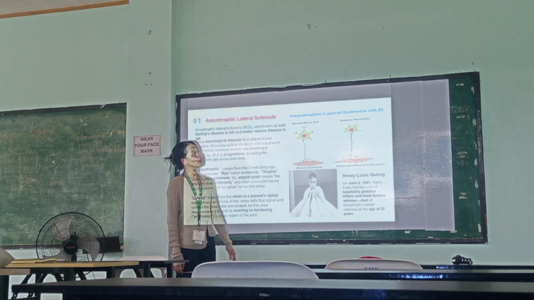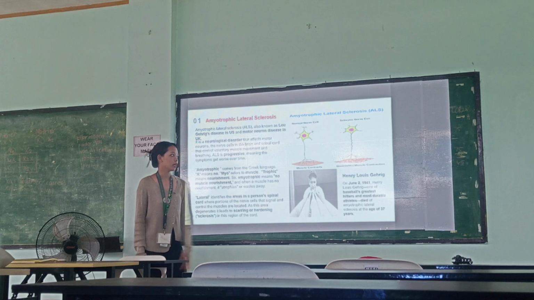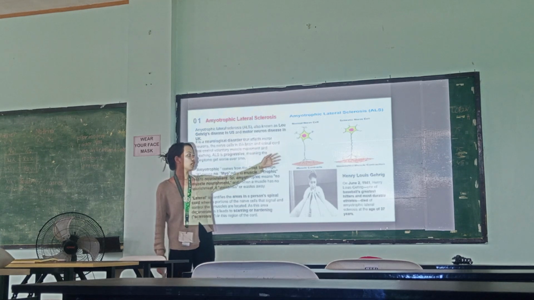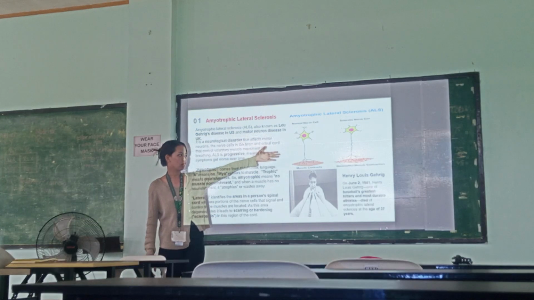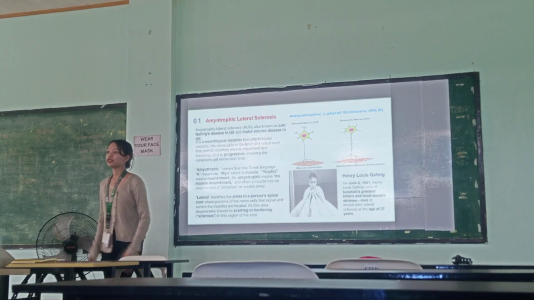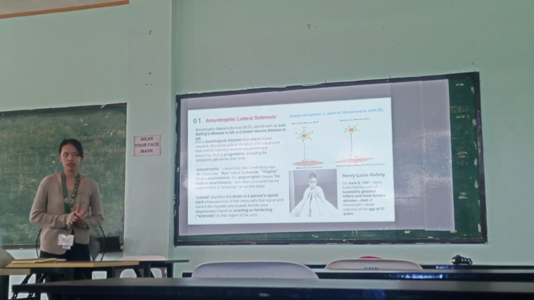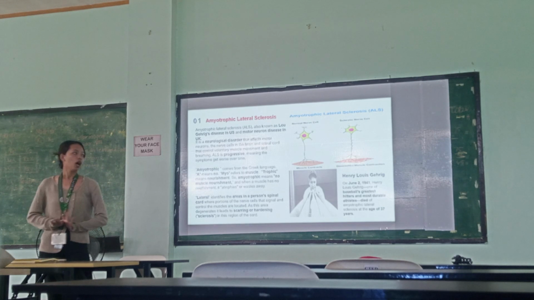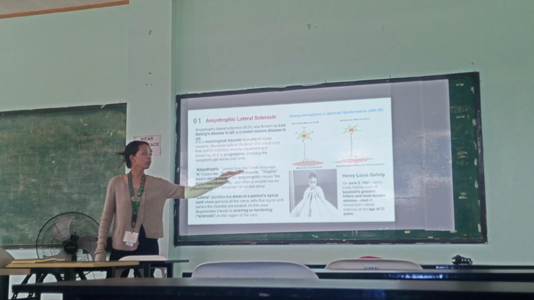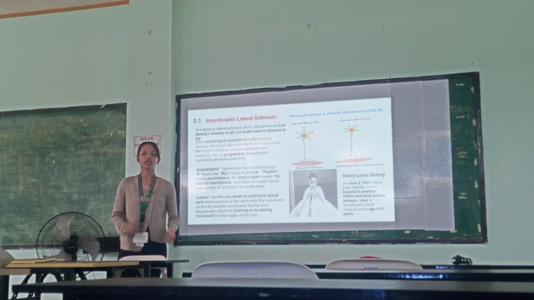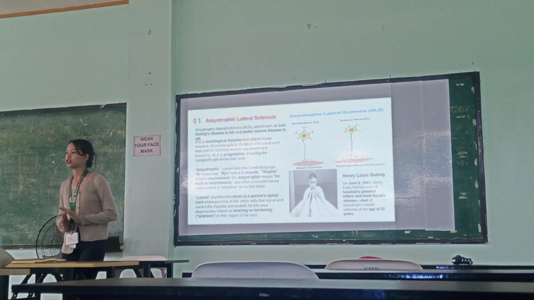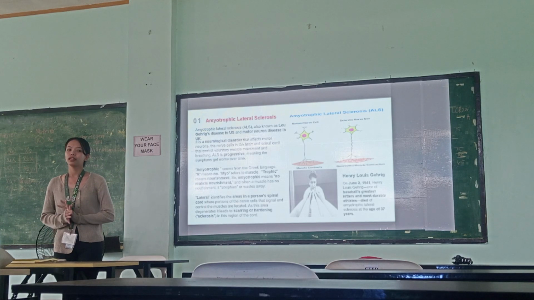And then sa right side naman is the sclerotic nerve cell. So dito sa normal nerve cell, muscle contraction. And dito naman sa kabila ay diminished muscle contraction. Kasi nga, when our motor neurons controlling muscle activity are gradually lost, doon nag-o-occur yung diminished muscle contraction as a result of the impaired communication between the nerve cells and the muscles.